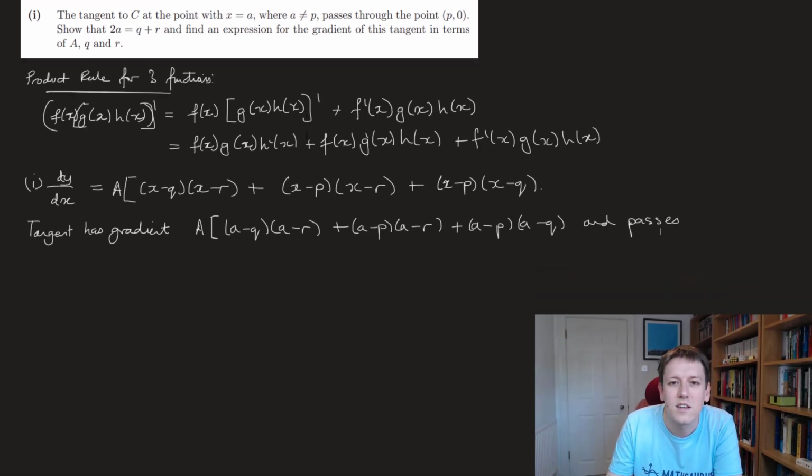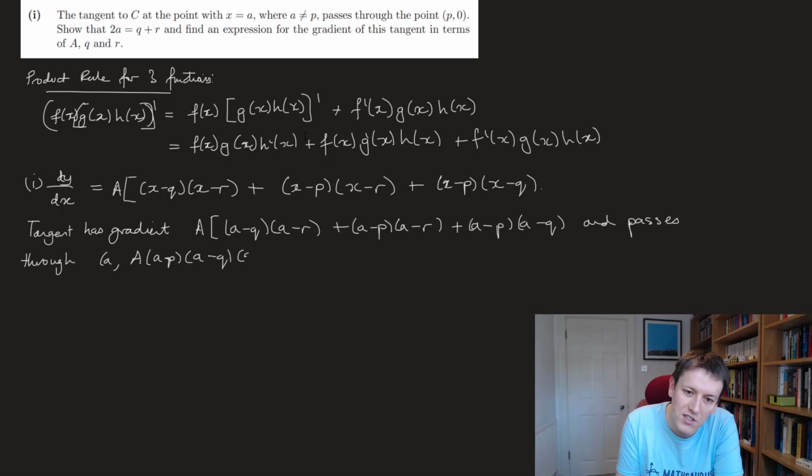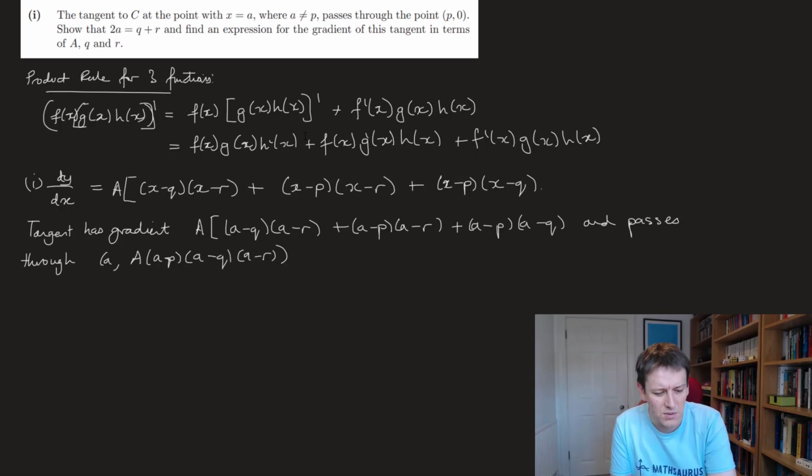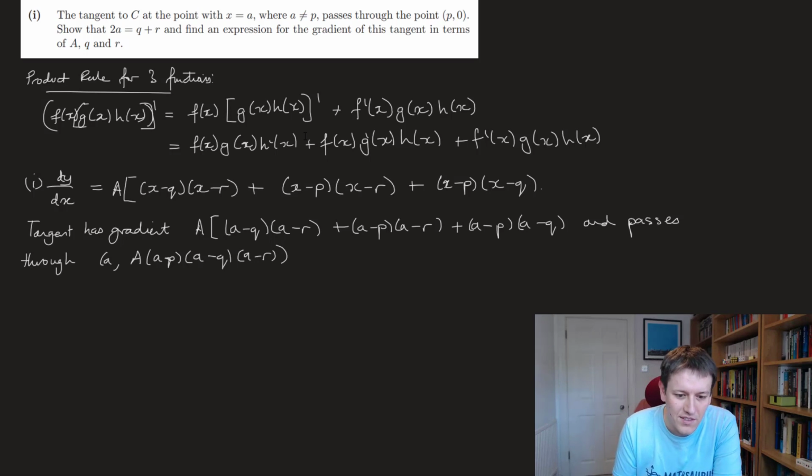And it's going to pass through the point A, and the y coordinate is a times a minus p times a minus q times a minus r, right? So we've got slightly nastier algebra here, but this is a common theme in STEP, where we just have to really try and keep going with this sort of stuff, right?